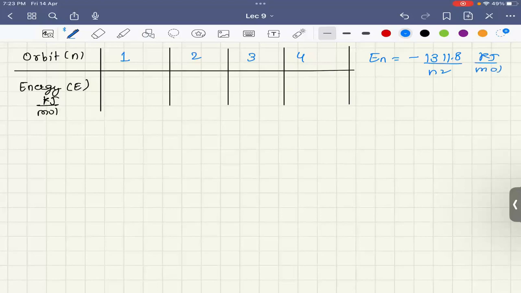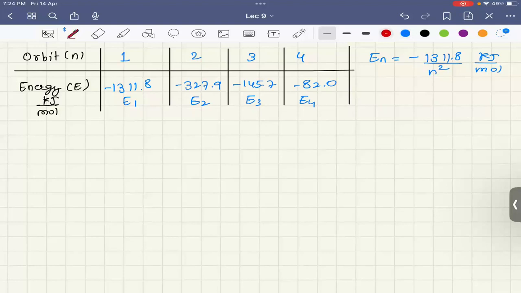When we put in these n values, what we get is minus 1311.8, minus 327.9, minus 145.7, minus 8, right? So this is E1, this is E2, this is E3, and this is finally E4.